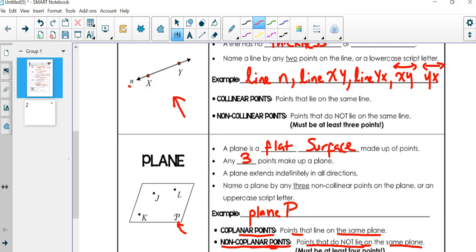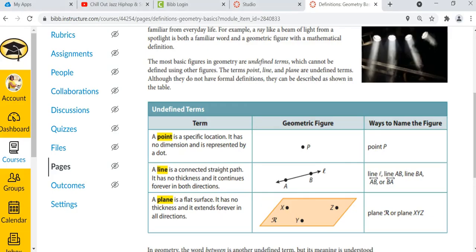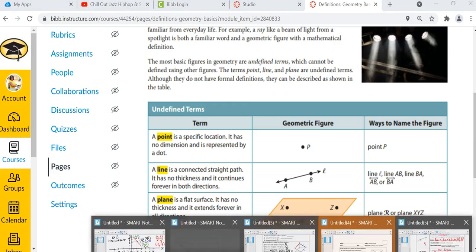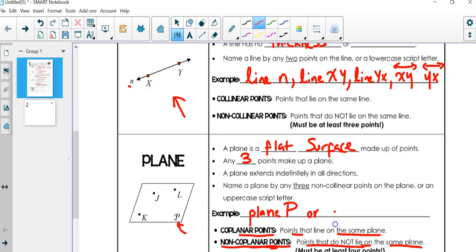So here we have 3 points in our plane P: J, K, and L. You can name a plane either with the plane name, or with the 3 points on it. Just like our example, we had plane R, and they also named it plane XYZ. So this plane can be named plane P or plane JKL.